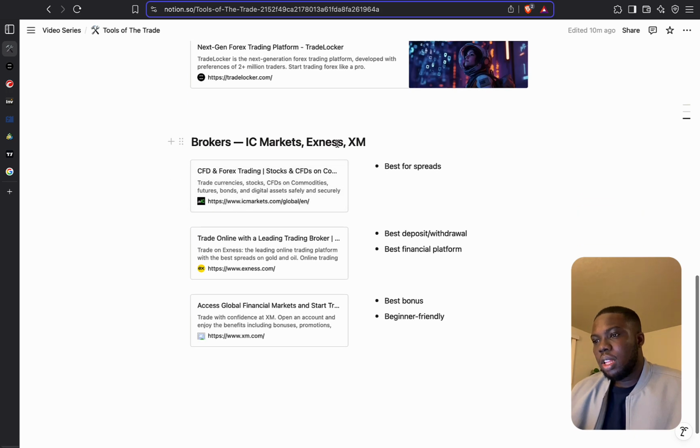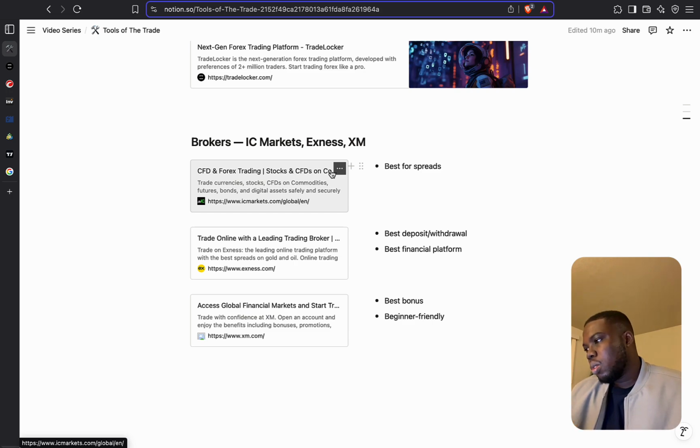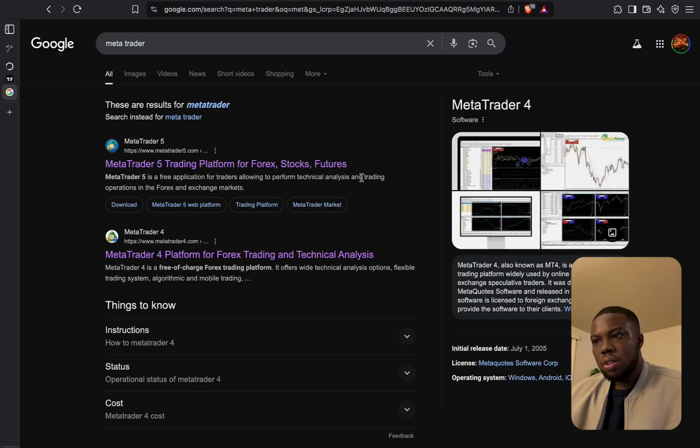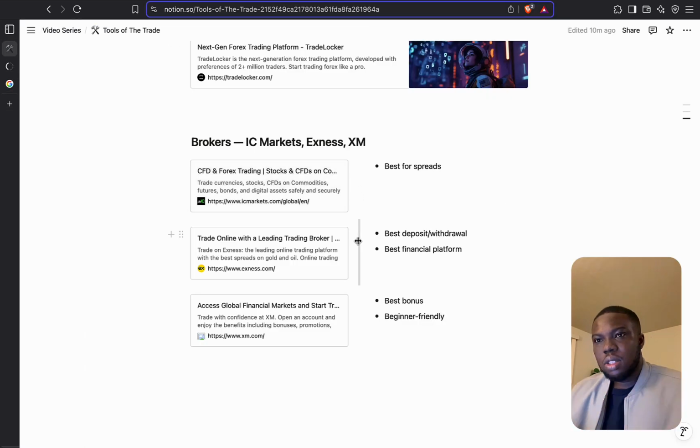All right. Now brokers are where the money is kept, the financial platform for your trading. They connect you to the global forex market. Now these are the top 3 in my experience. IC Markets is the best for spreads. This is how IC Markets looks. Let's close these. Okay, IC Markets is taking a while.